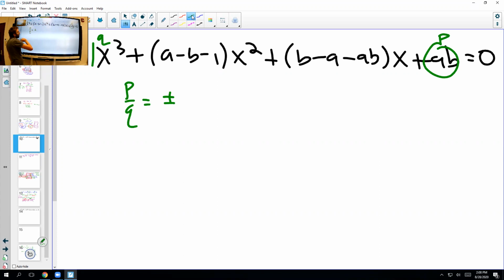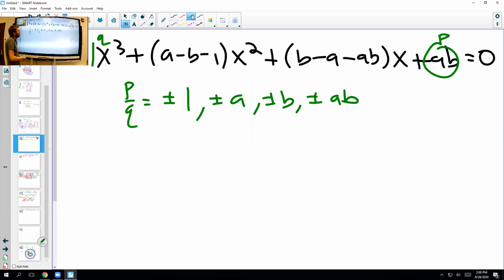But we do get plus or minus anything that goes into A times B. You always get 1, so we definitely get 1 there. You get plus or minus A goes into AB, plus or minus B goes into AB, and AB itself. So basically, these are our possible rational roots, and hopefully one of these works.